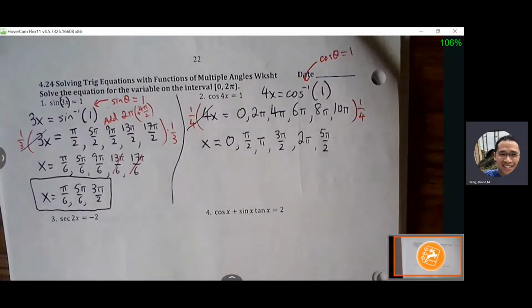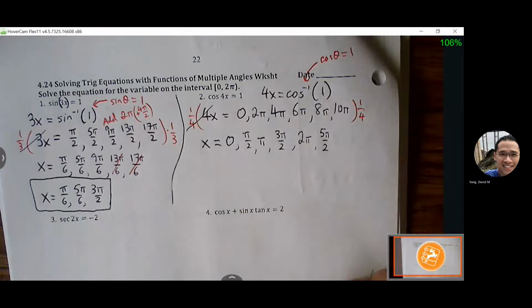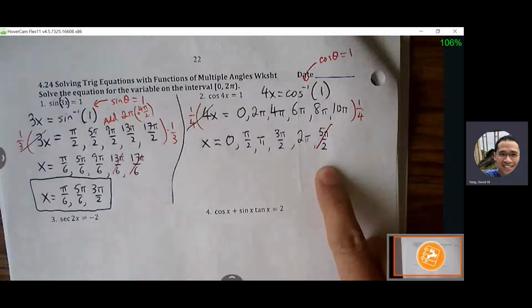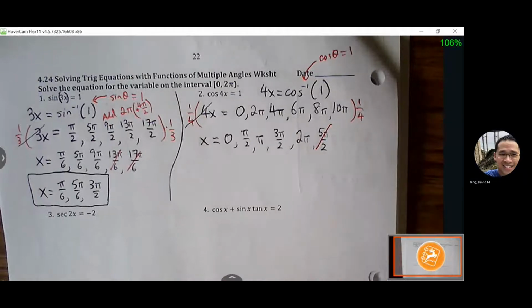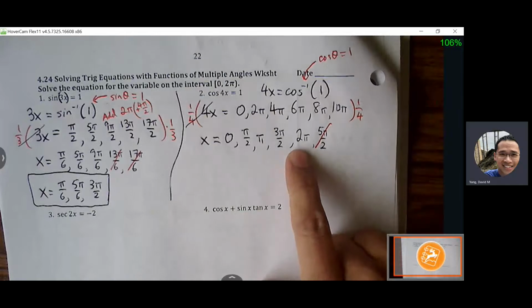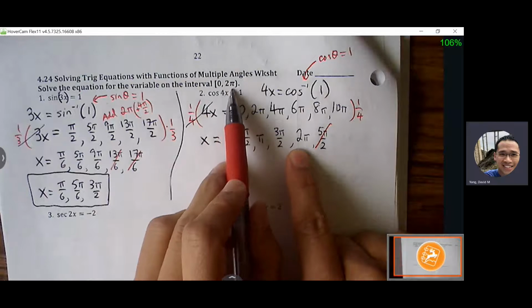Okay, should we eliminate any of these choices? Okay. Anything else? How about 2 pi? Do we keep 2 pi? Parentheses, right?